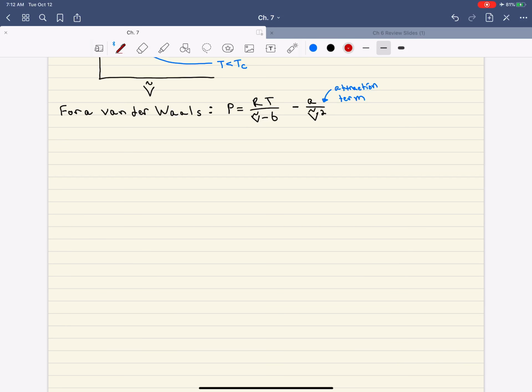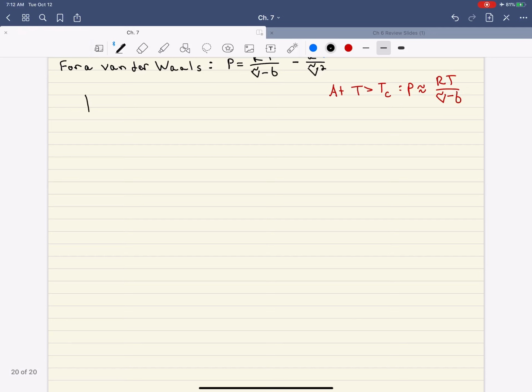So at T much greater than Tc, the van der Waals can be approximated as RT over molar V minus B. And in this case, we would expect to see that as we decrease volume, we would just see a continuous change in pressure.